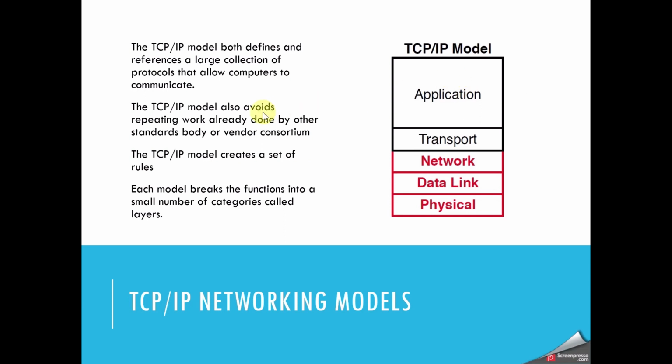So this is how the TCP/IP model works. If you look at the TCP/IP model, it has 5 layers or 4 layers. You can call it 4 layers or 5 layers, it's fine. Each layer has a set of defined tasks, and each layer does those tasks so that the data can go from one end to the other end.